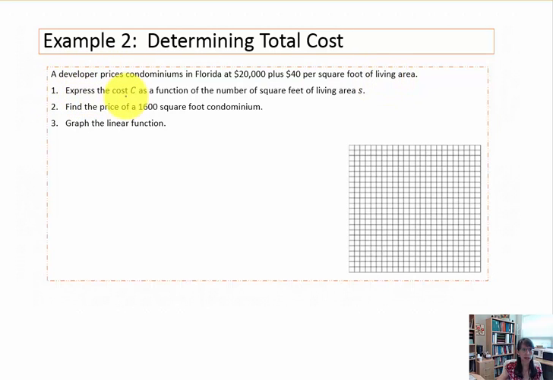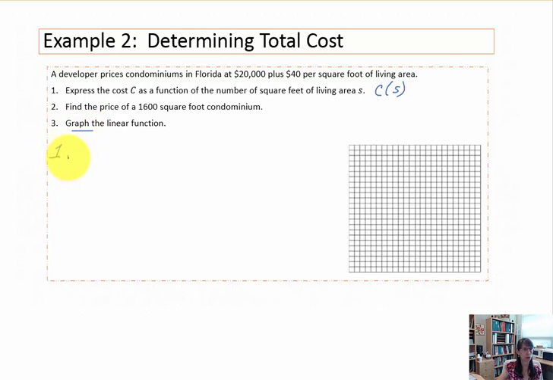We're going to express the cost, C, as a function of the number of square feet of living area, S. So our variables are already given to us. It says cost is a function of square feet, so that means cost is a function of S. Then we'll find the price of a 1,600 square foot condominium. Last, we're going to graph the linear function.